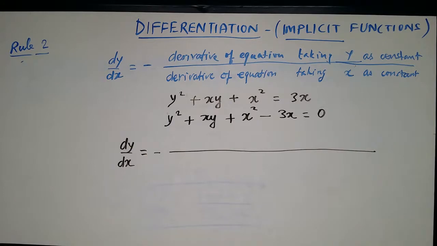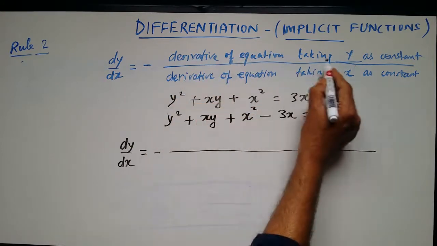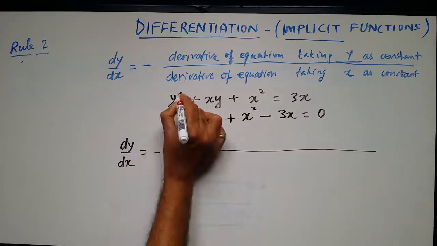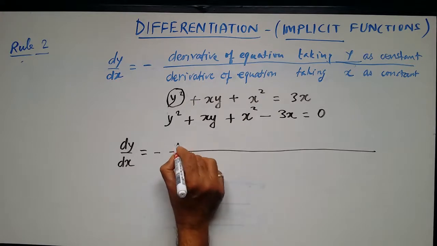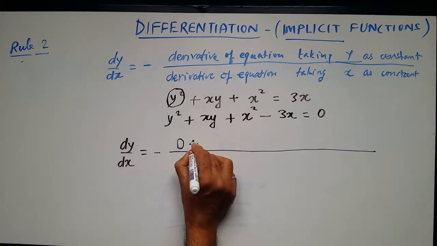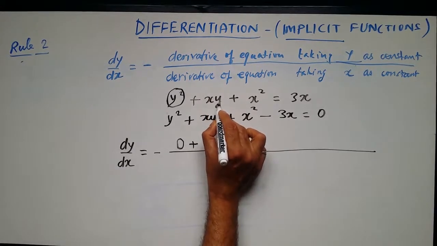Okay, now first is the derivative of this equation taking y as a constant. So when y is a constant, this becomes a constant. So we know that the derivative of a constant is 0. Now again, y is a constant, like the value of y was 2, 3, 4, 5 or 6.